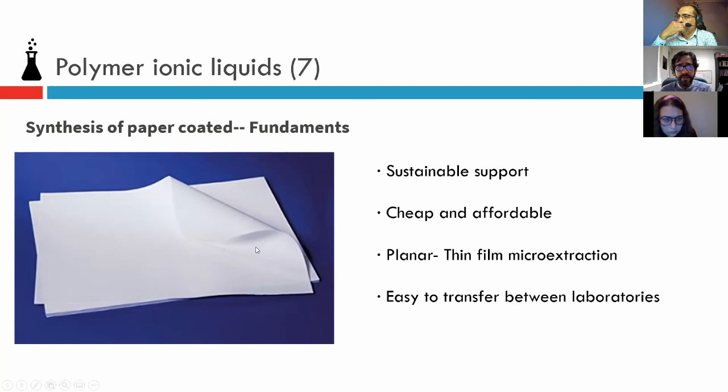You can use this paper modified with sorbent phases in thin film microextraction, and obviously it is easy to transfer between laboratories. We are collaborating with some groups, and you can prepare the paper-based sorbent phases and send these materials by postal mail. So it is very simple to send to other laboratories.